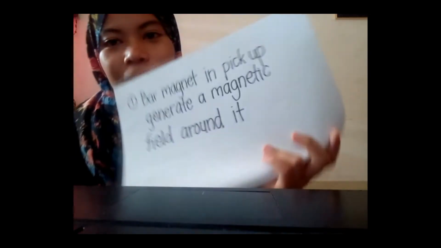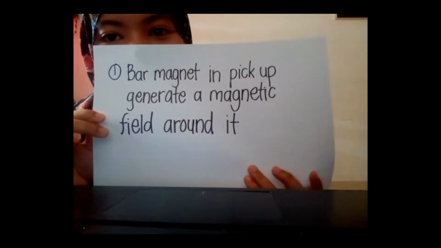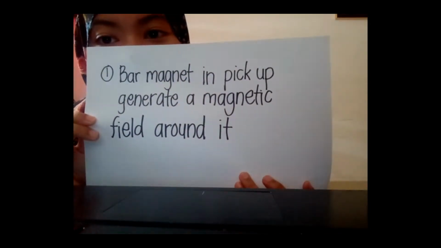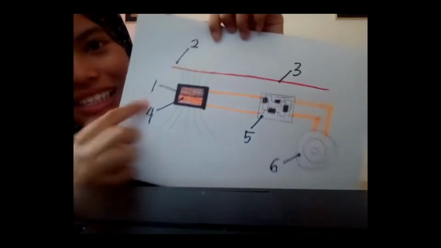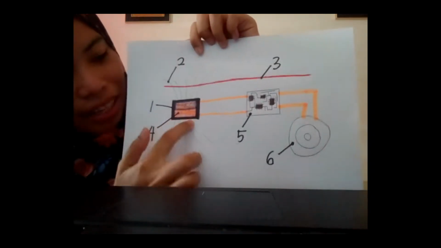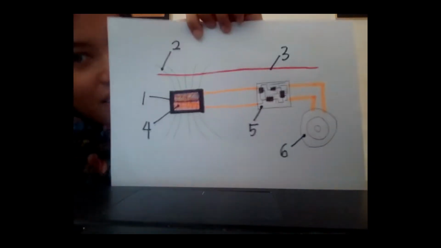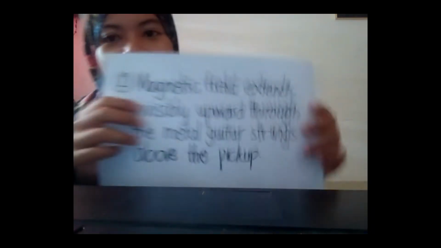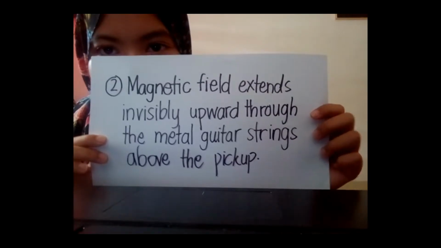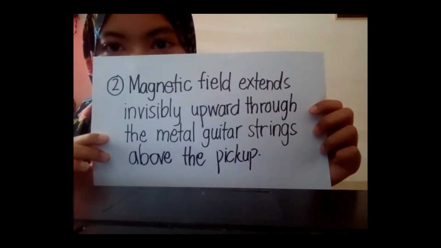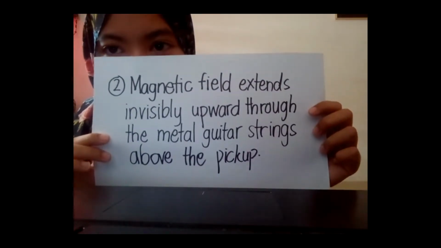Firstly, the bar magnet and pickup generate a magnetic field around it. Number one is the bar magnet, which is in black color. Secondly, the magnetic field extends invisibly upward through the metal guitar string above the pickup.